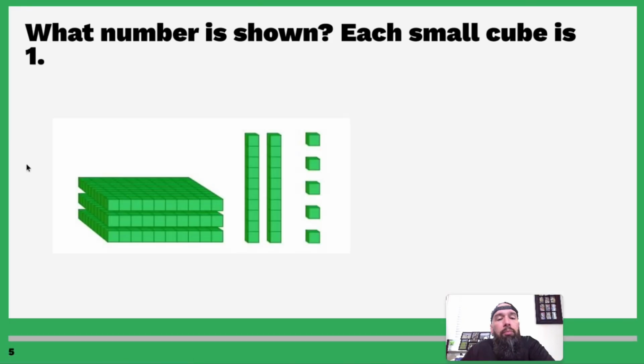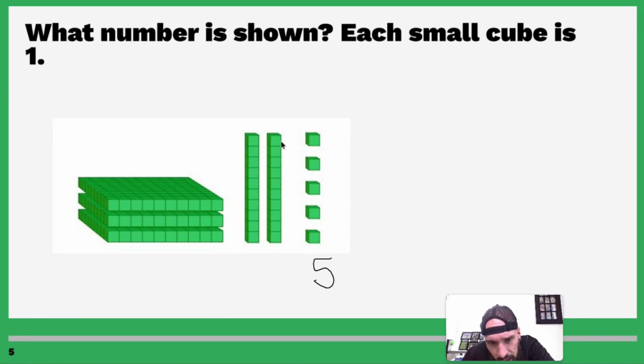Now what we're going to focus on is what each number represents, or what these blocks represent as far as a number. So, what number is shown? Each small cube is 1. Let's start out with the cubes. You've got 1, 2, 3, 4, and 5. So you've got 5 small cubes right there.